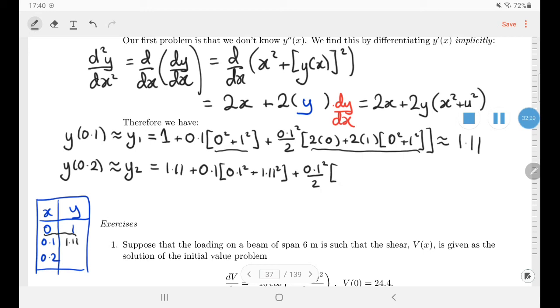Now I'm looking at the second derivative, so it's twice the previous x, twice 0.1, plus twice the previous y, twice 1.11, times x squared plus y squared. So the previous x is 0.1 squared plus the previous y, 1.11 squared. And I'll go into the calculator for this.